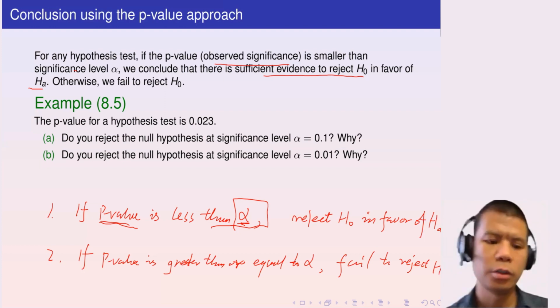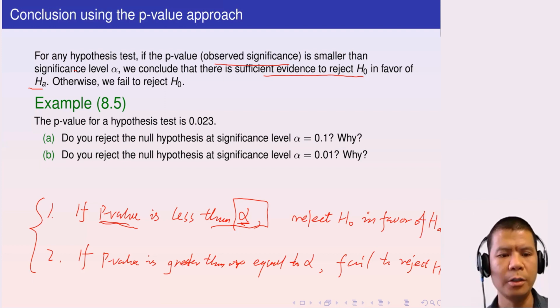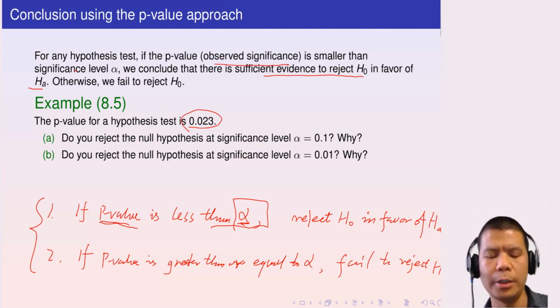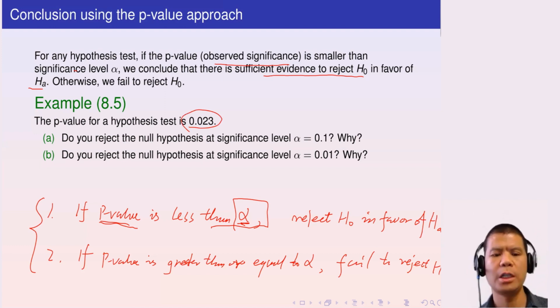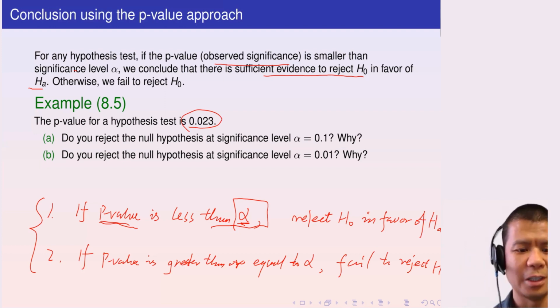Be careful, these are the two decision rules. Now, for instance, let's consider this example. If the p-value is 0.023, A, do you reject the null hypothesis if the significance level alpha is 0.1? So in A here, what should we do?